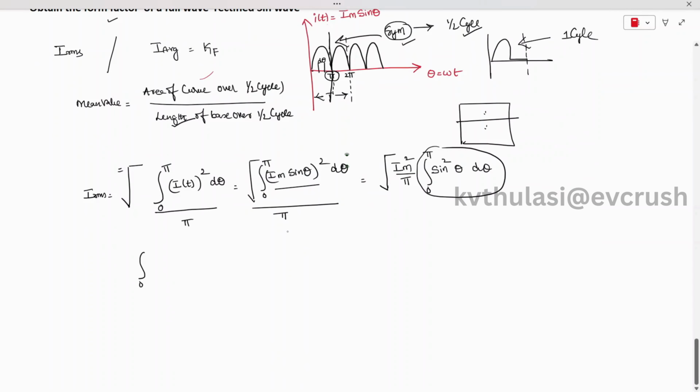So the integral of 0 to pi sine square theta d theta, I can write as integral 0 to pi of (1 minus cos 2 theta) divided by 2 into d theta. Let's take half as a common term, and then we are going to get the integral 0 to pi of d theta minus cos 2 theta d theta.